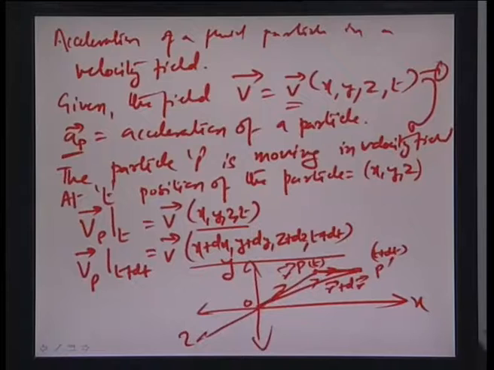So if we try to find out what is the change in velocity as the particle moves from P to P dash here, the change dVp can effectively be written as the rate of change of the velocity vector of p with respect to x times dxp, because xp is the x component of the position vector of the particle p.